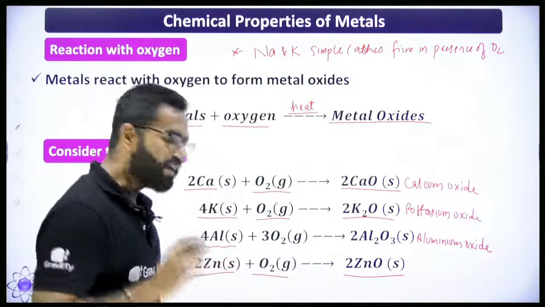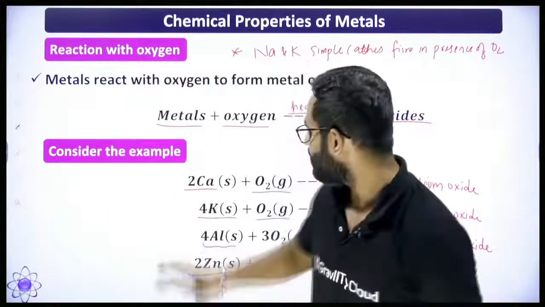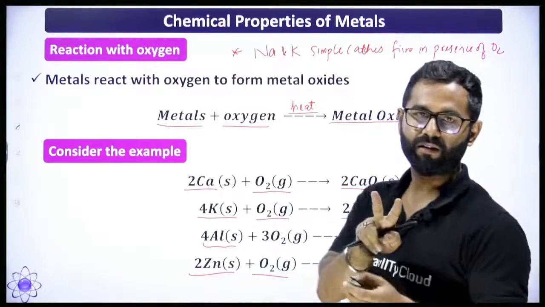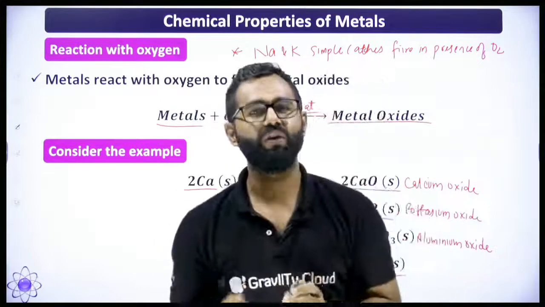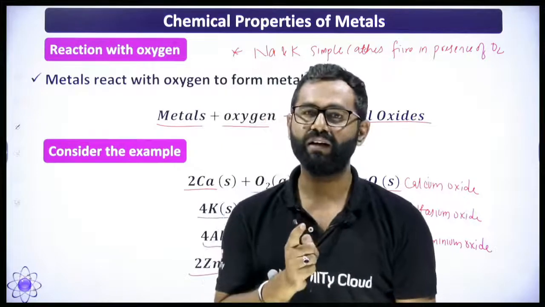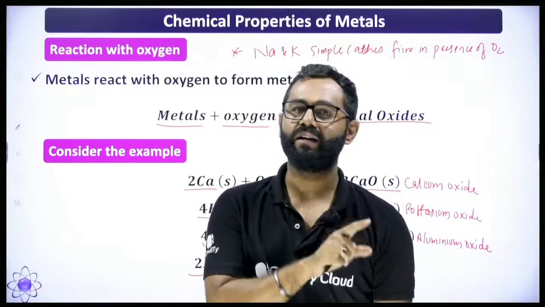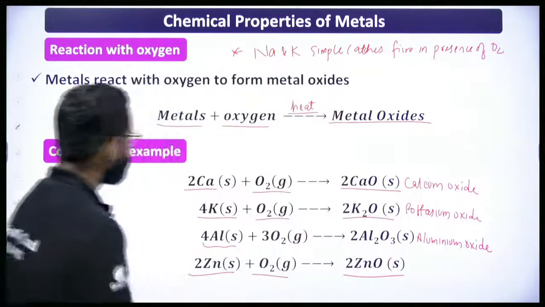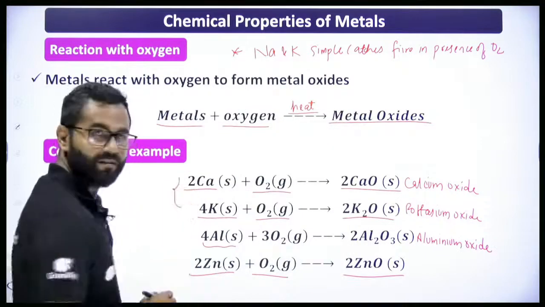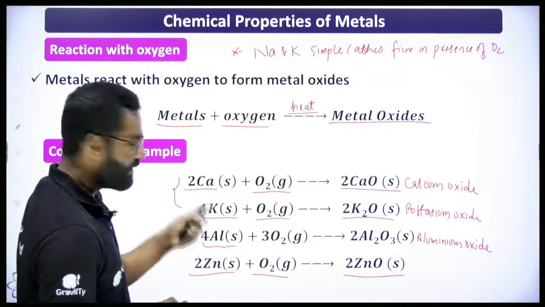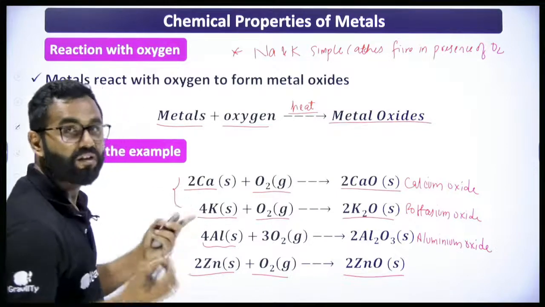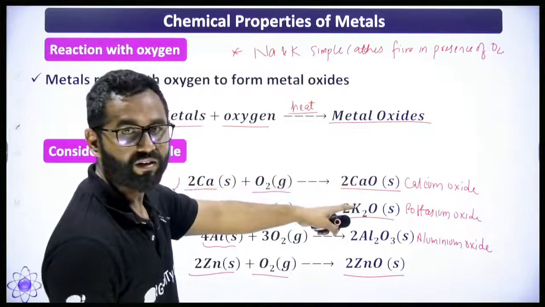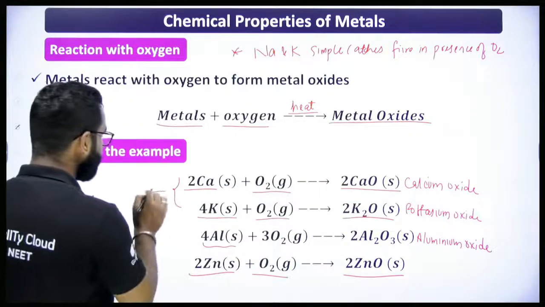Now the important thing is that these metal oxides can be further classified into two categories. The first category is the basic oxides and the second category is the amphoteric oxides. For calcium and potassium, when they react with oxygen, they form calcium oxide and potassium oxide. These oxides are basic in nature.